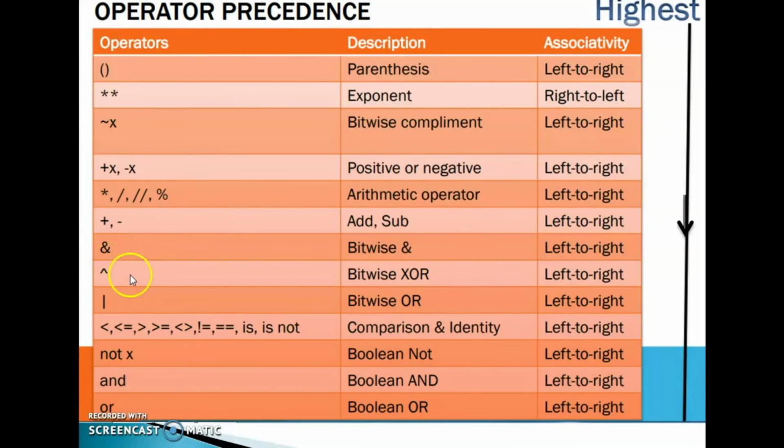Then bitwise AND, bitwise XOR, bitwise OR, comparison and identity operators, not X, Boolean not, Boolean and, Boolean or. Here, exponent operator associativity is right to left. Okay. Just identify this operator precedence.